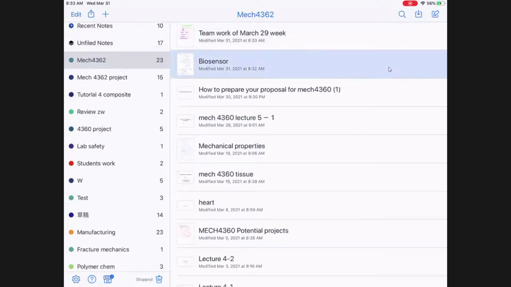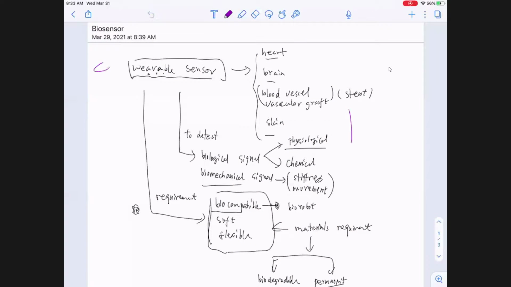Besides this, as we talked about in the last lecture and in some parts of the movies, there is the wearable sensor. I can definitely use this in the heart, brain, or blood vessel, and in robots again.